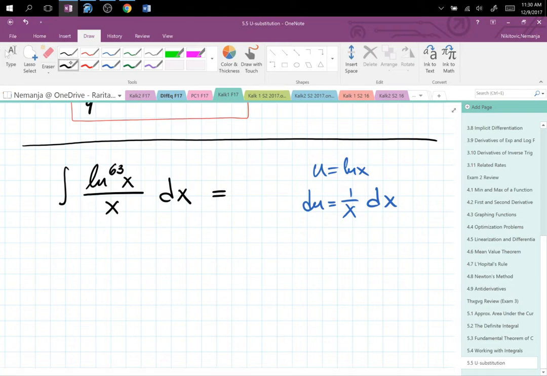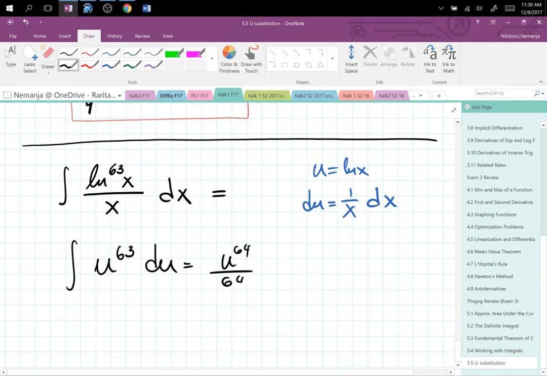So the 1 over x dx is du, so I have u to the 63 du, which is u to the 64 over 64 plus c, and that will be ln to the 64th of x over 64 plus c.